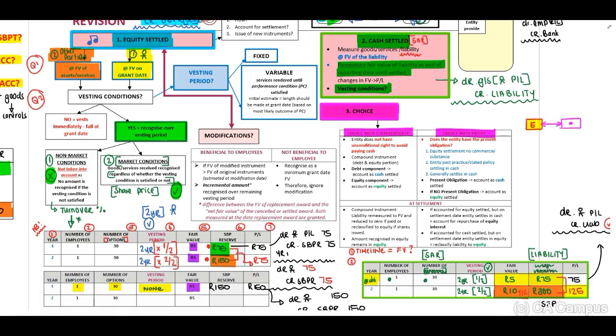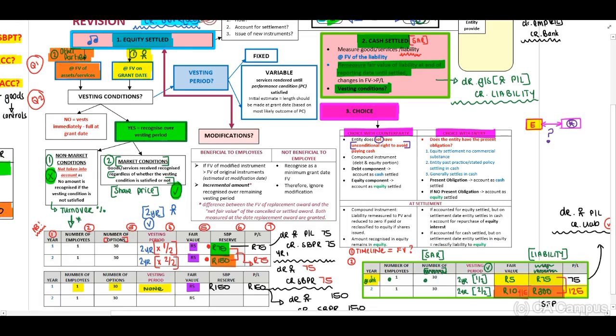Do you agree with me that our entity does not know what the choice will be of our other party? Therefore, our entity does not have an unconditional right to avoid paying cash. Our other party might decide to opt for the cash option.